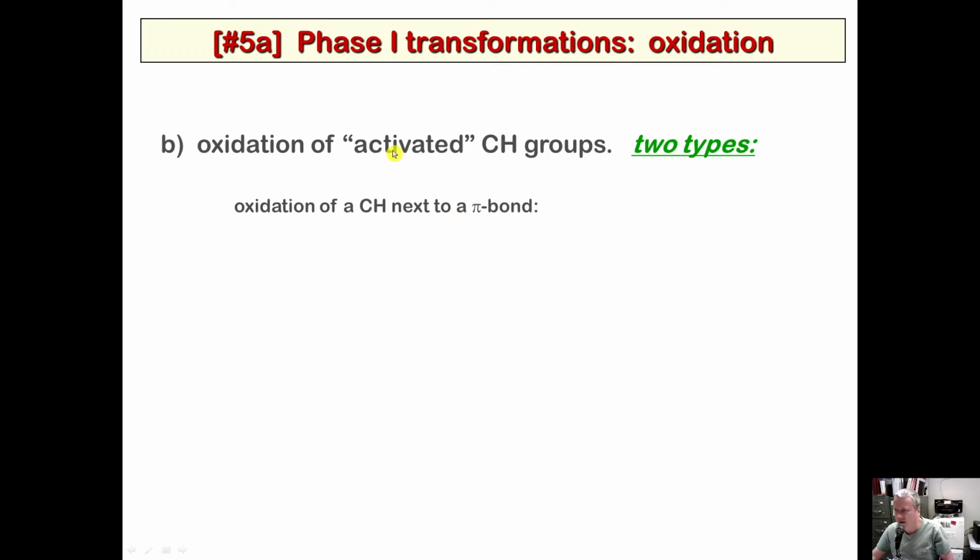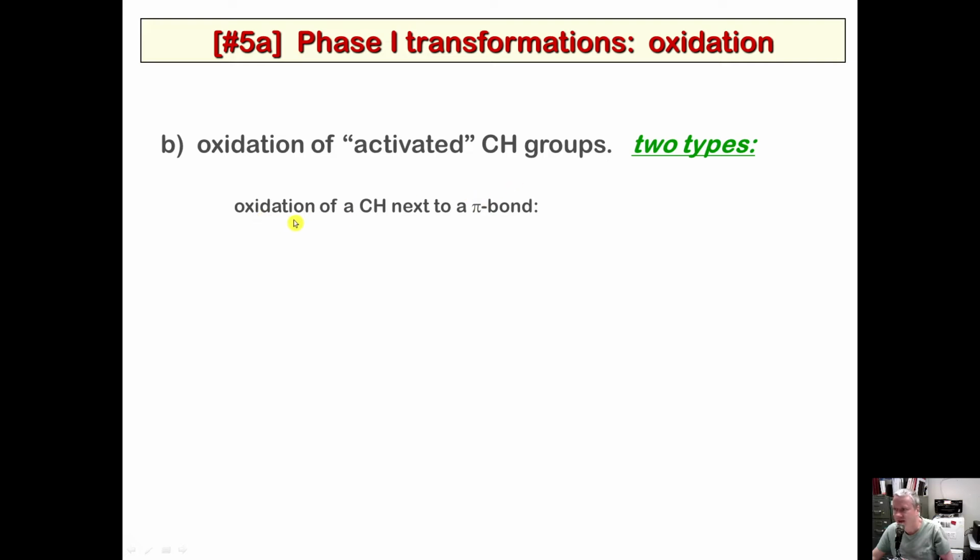Then we have the oxidation of activated CH groups. By activated, I mean that if you remove the H atom, it makes a radical that might be a little more stable, maybe stabilized by resonance or something, and then it kind of makes sense that the oxidation occurs there.